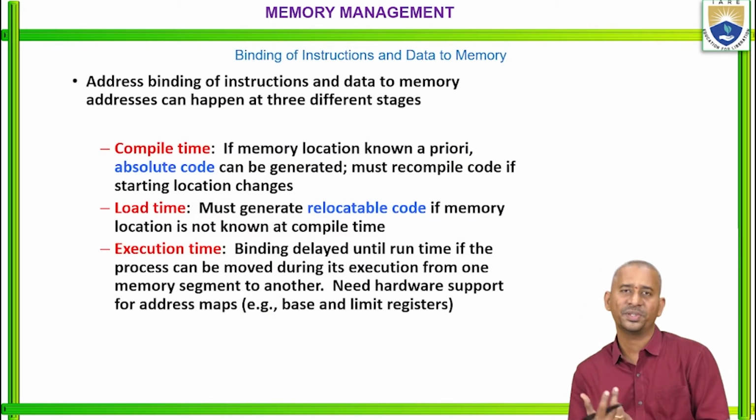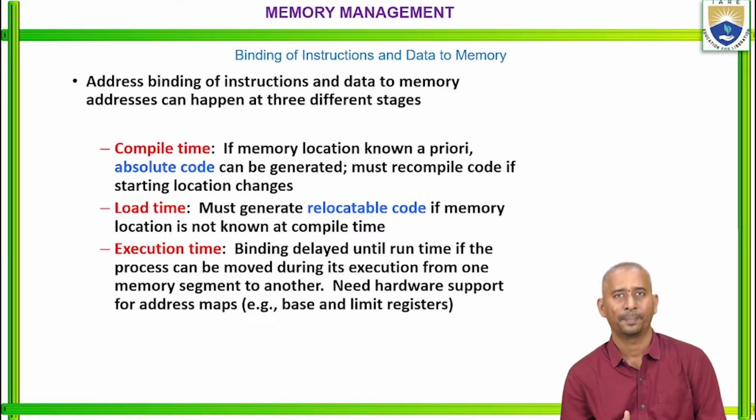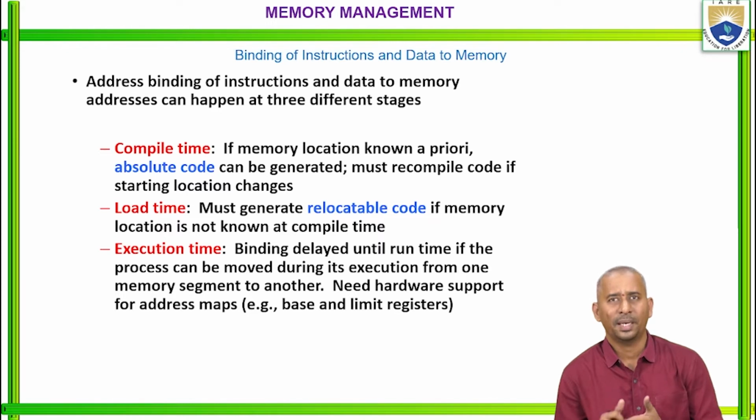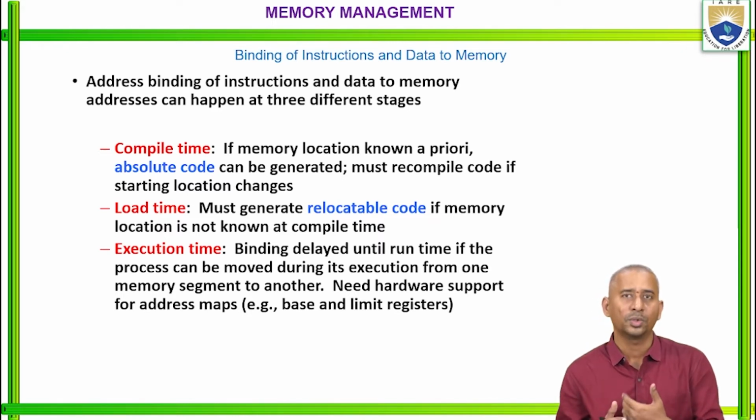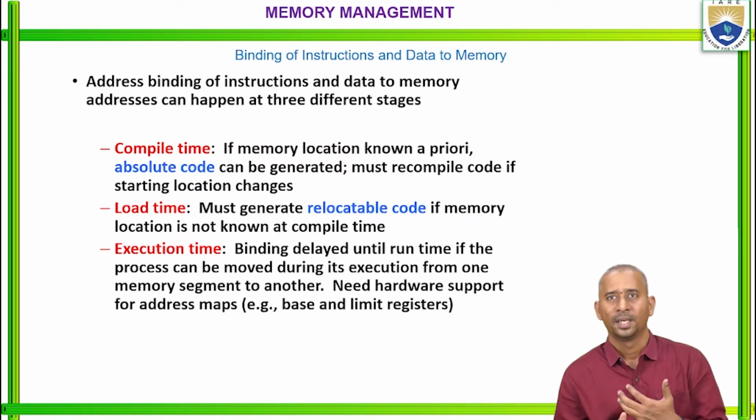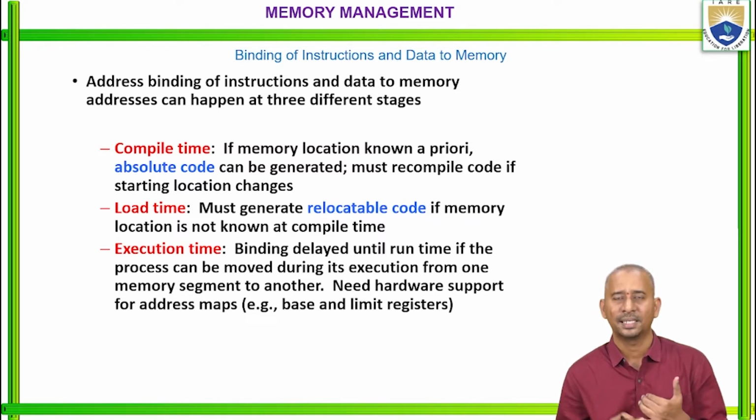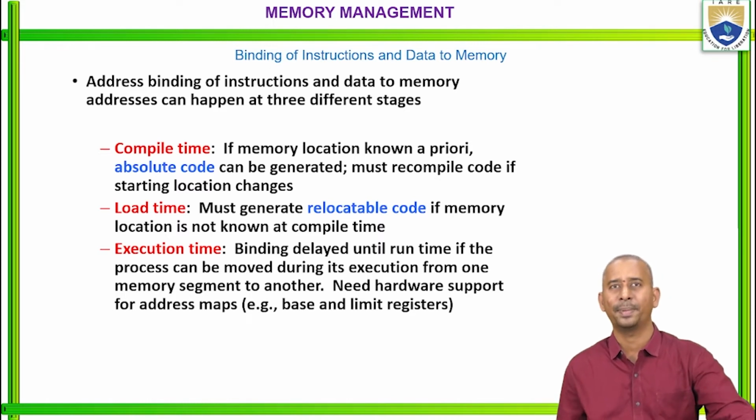Then binding of instructions and data to the memory. Whenever a particular process is executed, it goes through various stages: compile time, load time and execution time. What is meant by compile time?